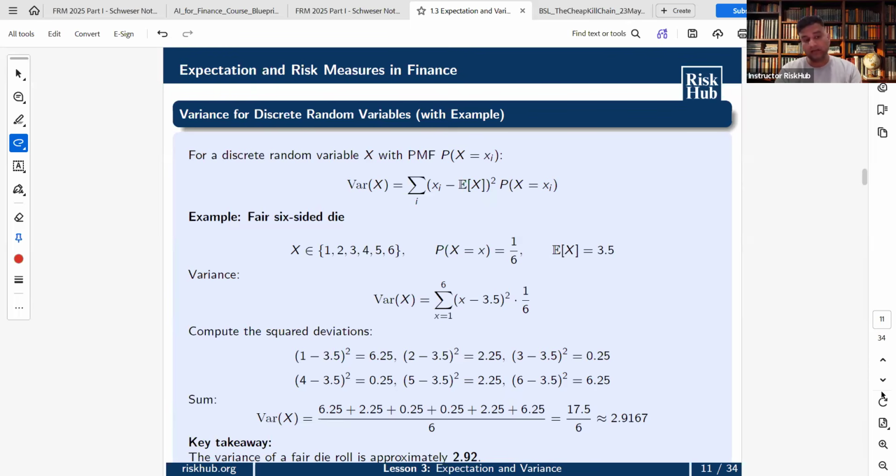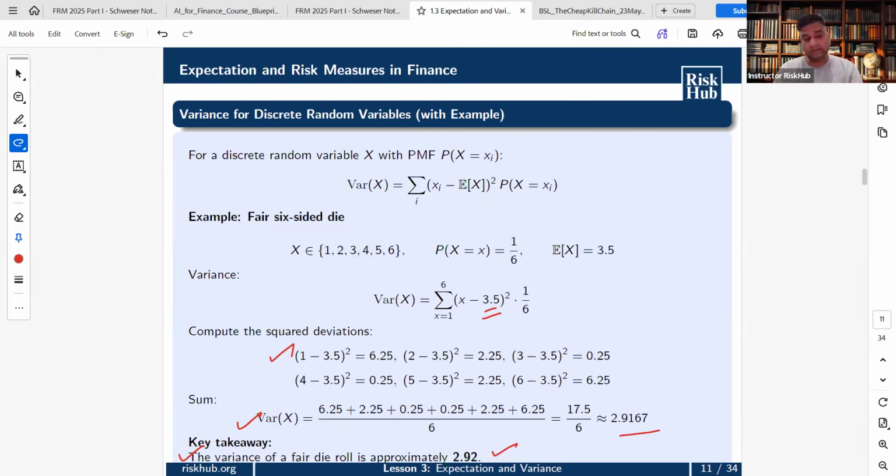Then we have Variance of X equal to the sum of (x minus 3.5) squared times 1 by 6. Sum it up, and you get that the variance of a fair die roll is 2.92, right?